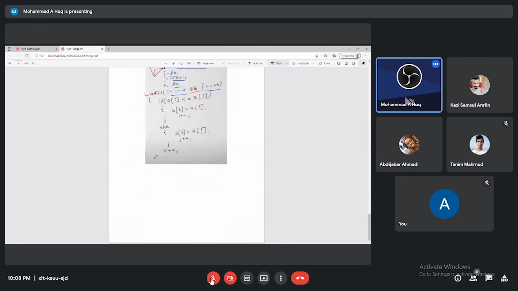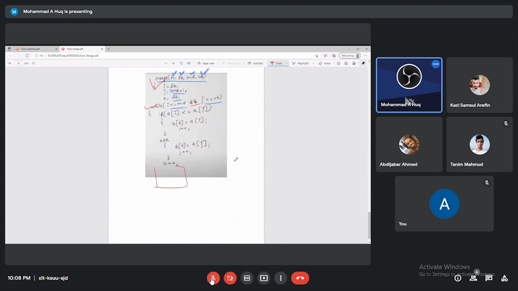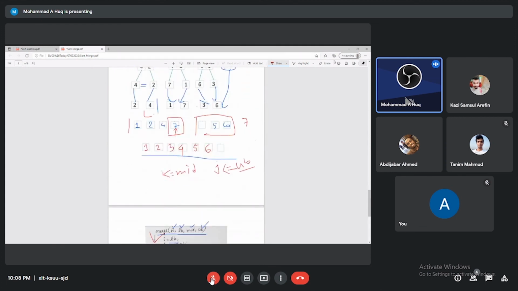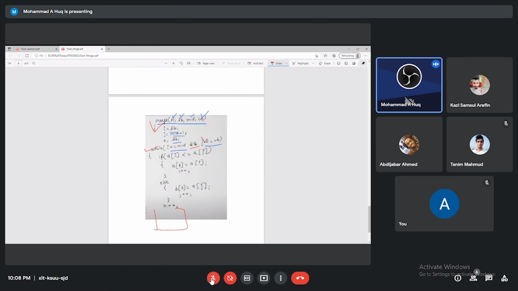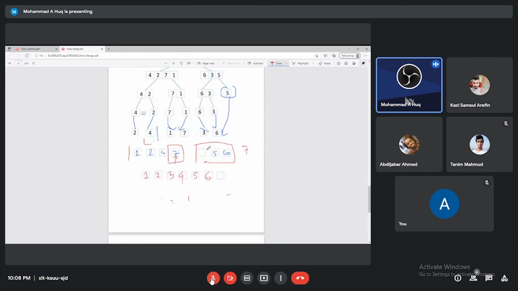There is another portion of code that is missed, where it says that if you reach this condition, then you will start copying elements from this marker.